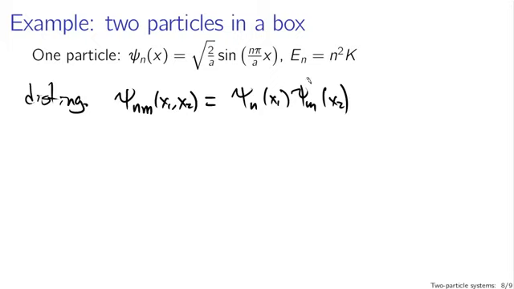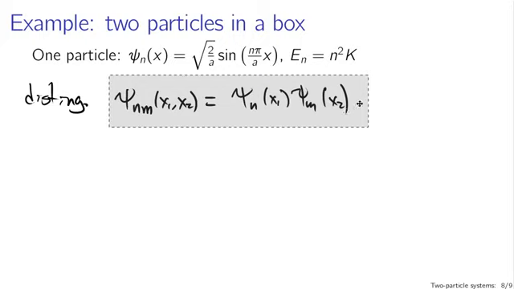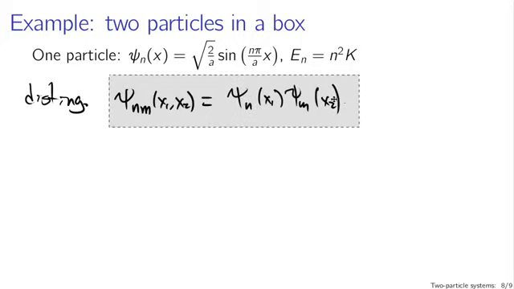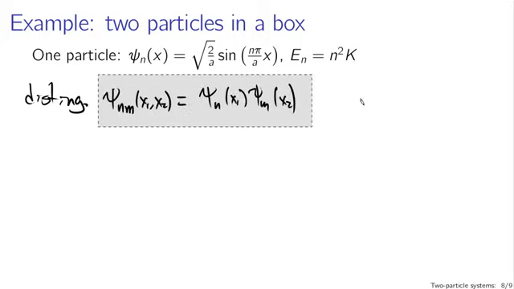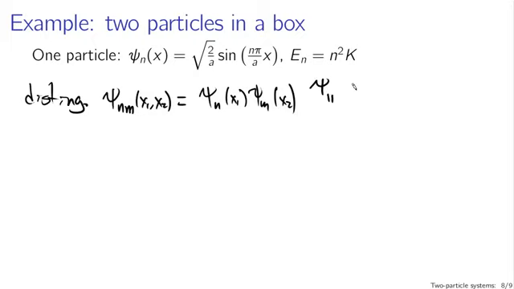The ground state, for instance, has n and m both equal to 1.